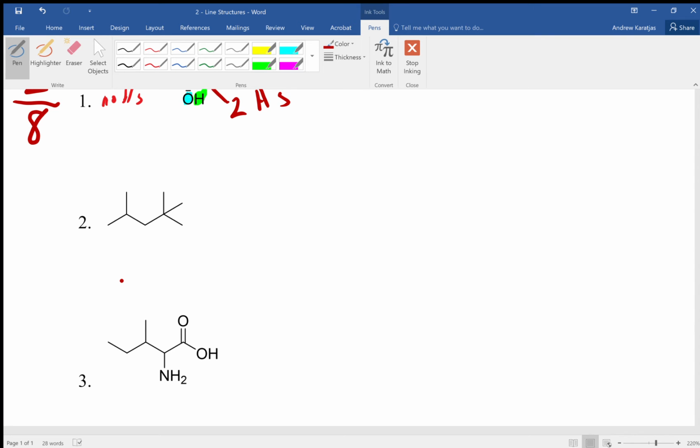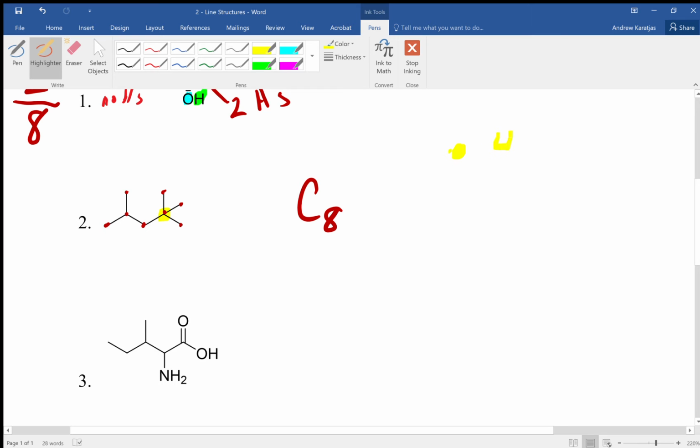So first question, of course, how many carbons? You can see I'm labeling them in red. We have 8 total carbons. Now, this first carbon that I'm going to highlight in yellow, I've put this one in yellow because it has 4 bonds to it already.